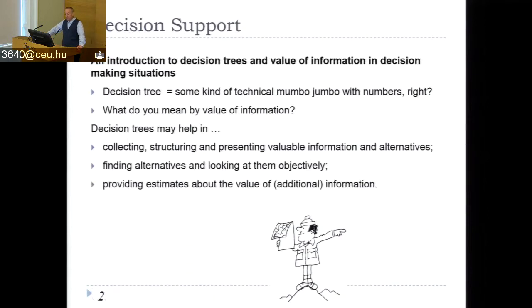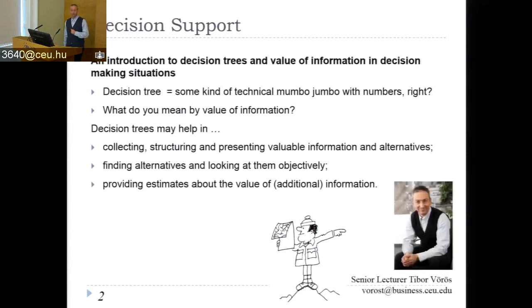And finally, as we will see, decision trees also help in providing estimates about the value of additional information. So from the educational point of view, these are the three specific learning objectives of our short webinar.